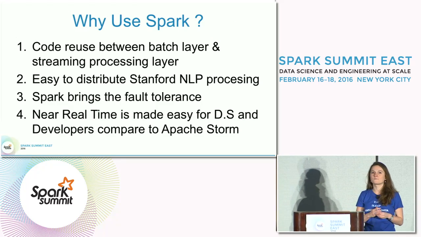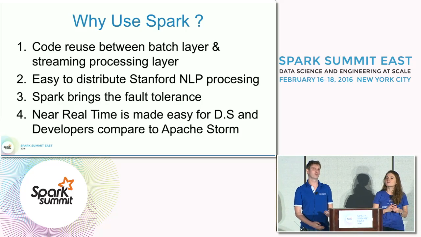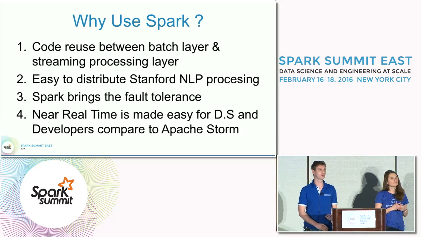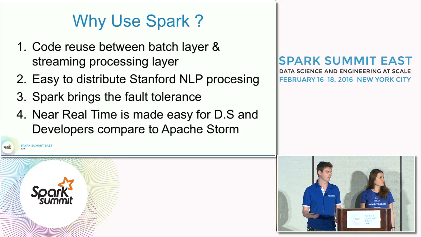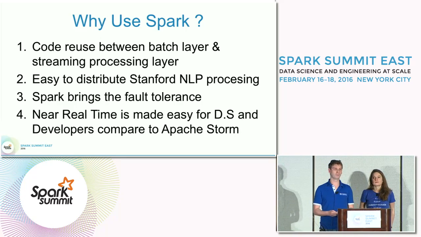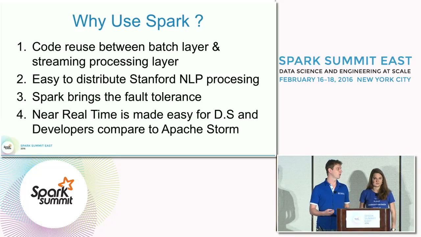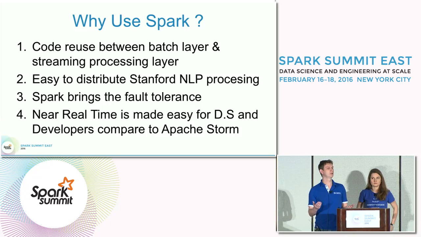So why are we using Spark? We are using it for 4 main reasons. The first one, we want to reuse some stuff between the batch layer and the streaming layer. The second one, which is probably the most important one, is that Stanford NLP is really costly. So what we wanted to do is to distribute every process to gain some time, of course.